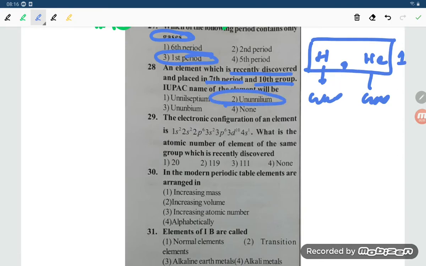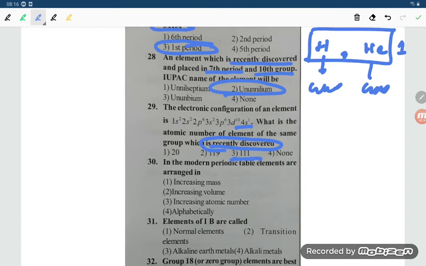Now let us move to question number 29. The electronic configuration of an element is 4s1; what is the atomic number of the element of the same group which is recently discovered? Now student, 110 is there, then 111.